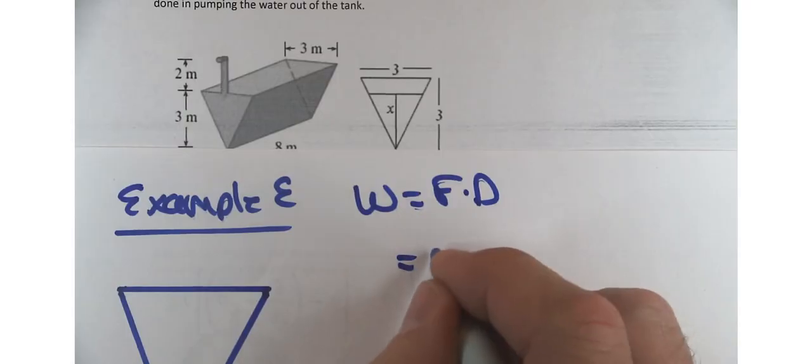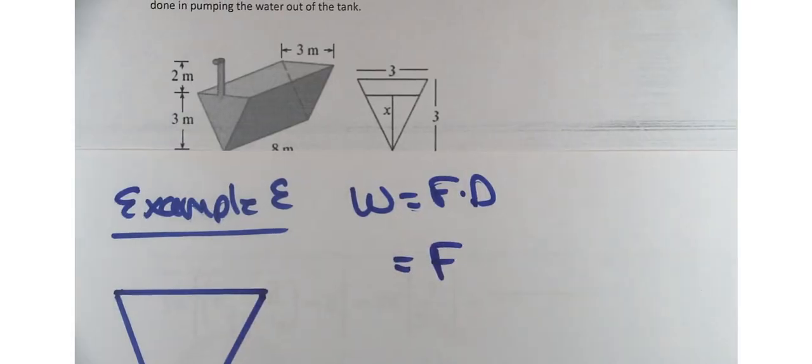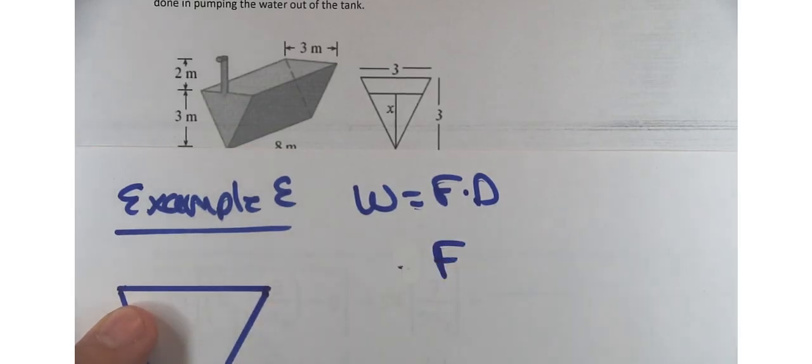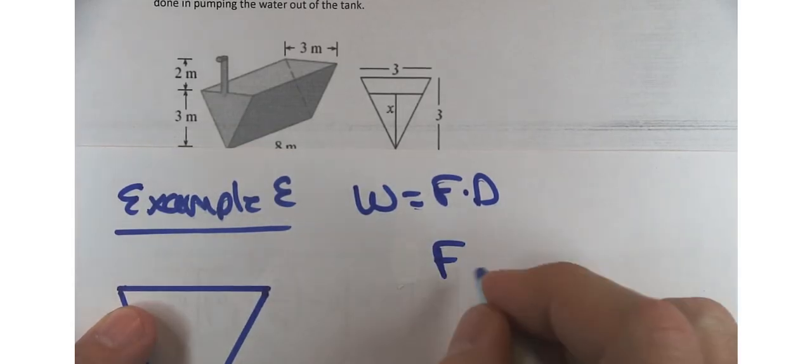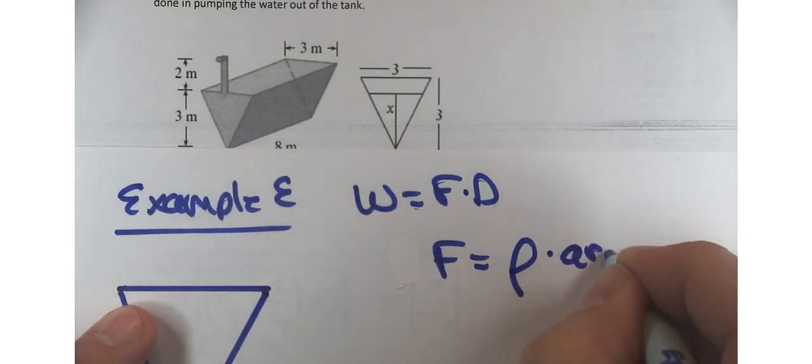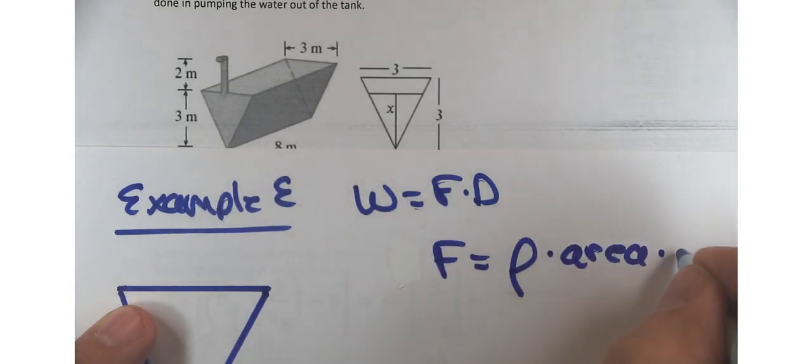So the force is going to equal the area times the thickness times the density. So it's going to be rho times the area times the thickness.